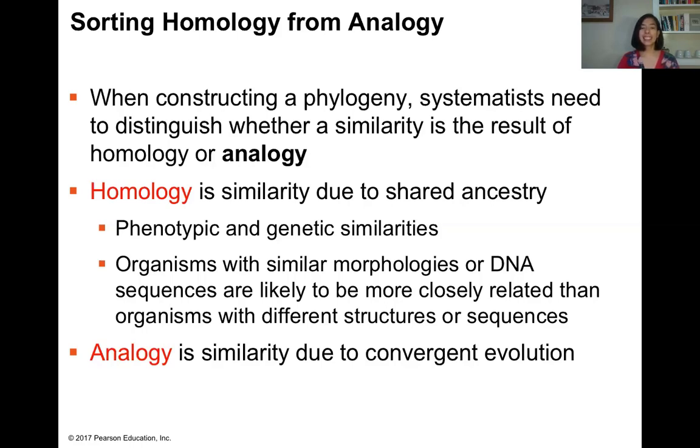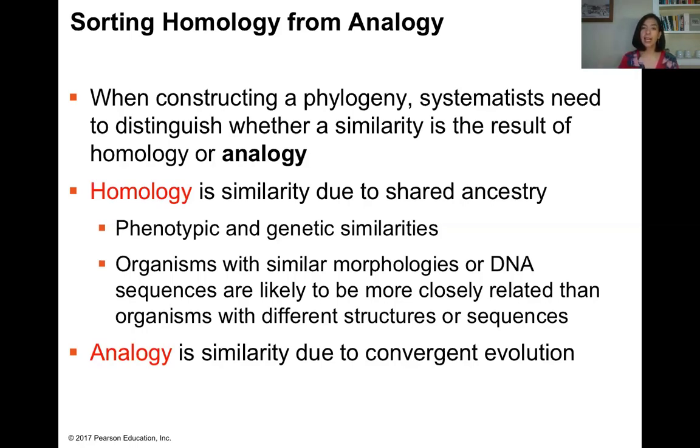These are features or groups of features that are similar because they share ancestry, and they can be phenotypic or genetic similarities. If organisms look similar in appearance, usually the genes responsible for those appearances are going to be similar as well if the features are homologous.